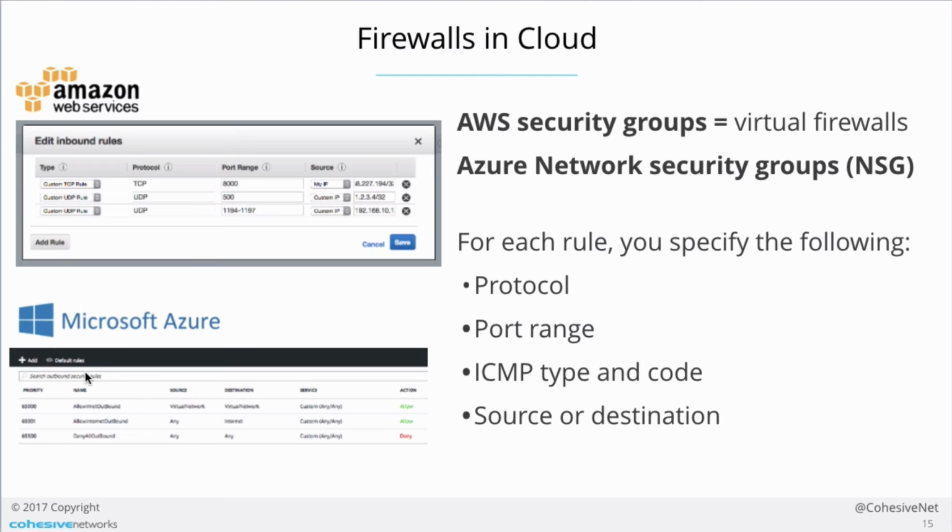You can see in this AWS example, the type is a custom TCP rule. So it's a certain type of TCP protocol. I want to use port 8000, or down at the bottom, it's a port range, 1194 through 1197. And the source can be my IP address, or a custom IP address, or a range.